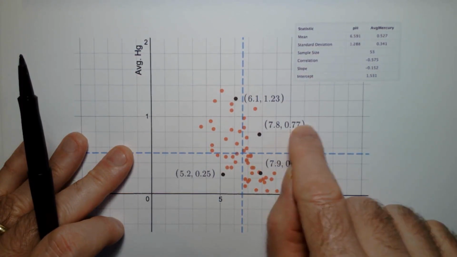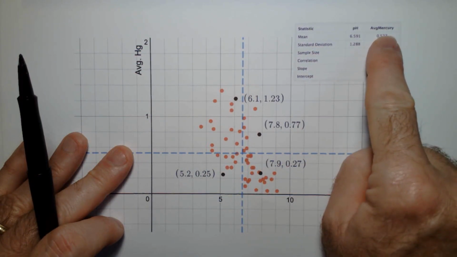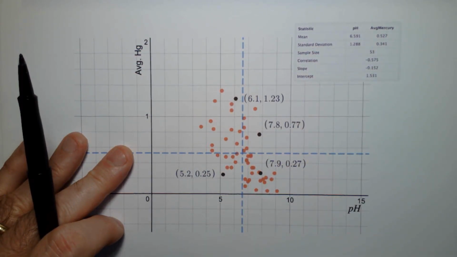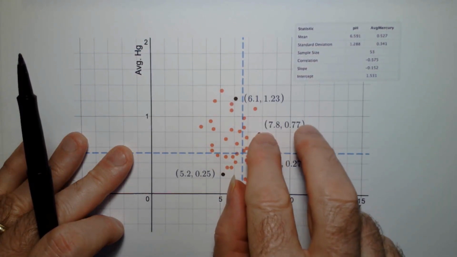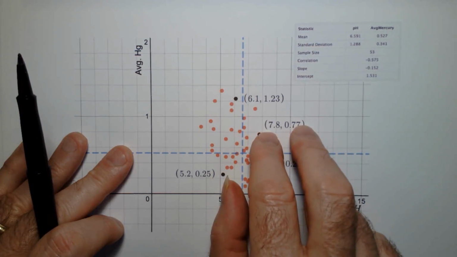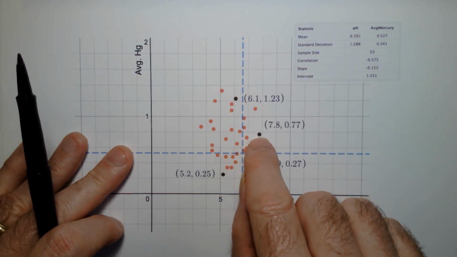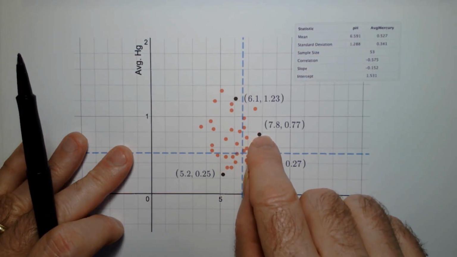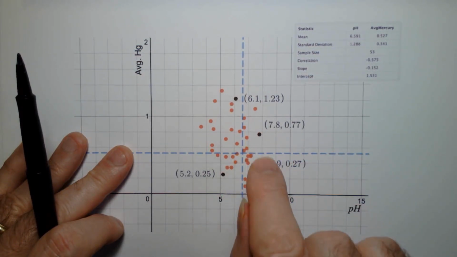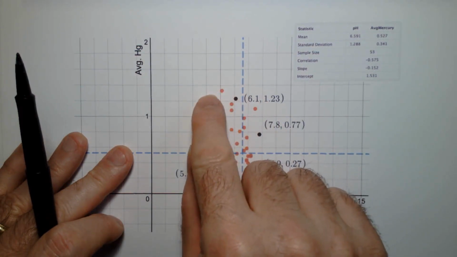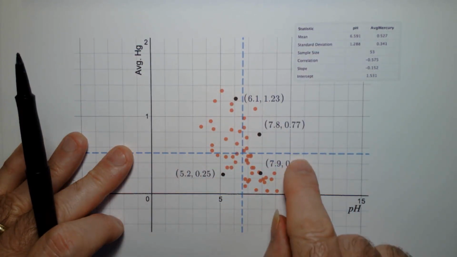It's a mercury level, so it has to be standardized according to the mean and standard deviation appropriate for a mercury level. And then I have to take those two z-scores and multiply them together. Okay? And that's going to produce a number. I want to think of that as the number that's attached to that point.